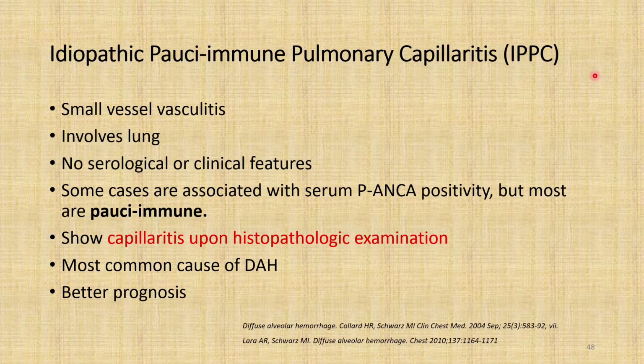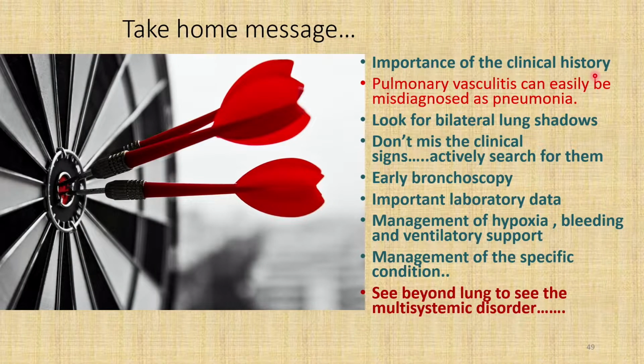So IPC is a small vessel vasculitis that involves the lung. There are no serological markers, that's why it's called pauci-immune, but sometimes it may come up with ANCA positivity. For 100% diagnosis we need the histology that shows capillaritis, and it has a good prognosis compared to other vasculitis, and it usually responds to corticosteroids.